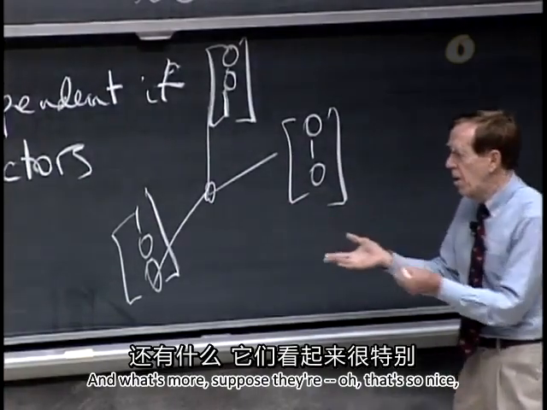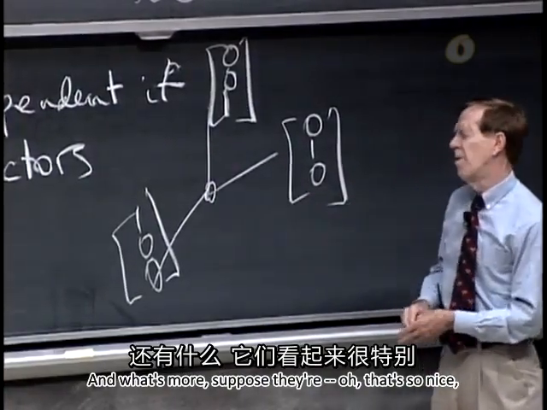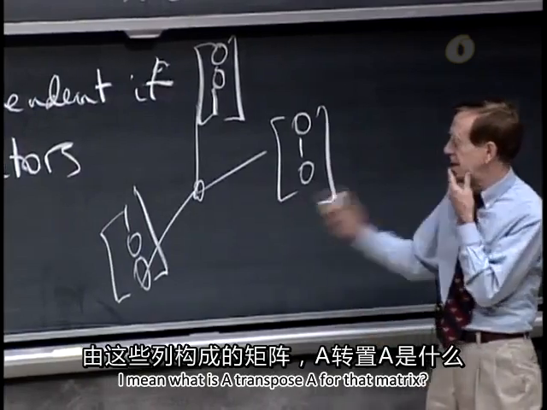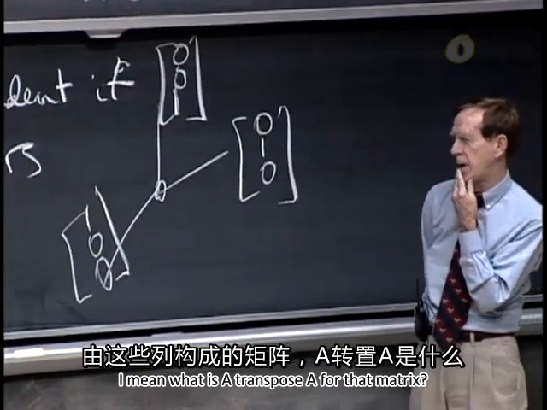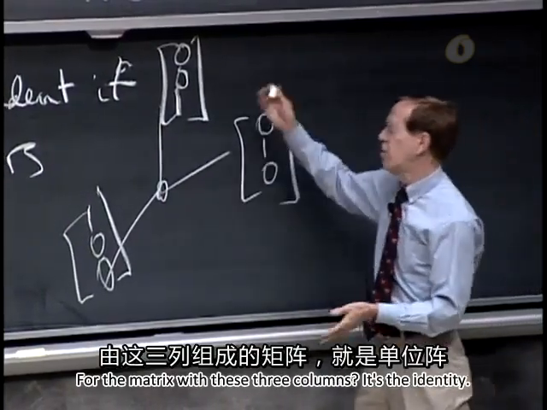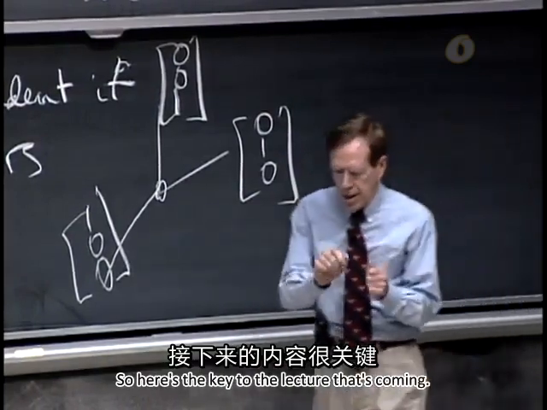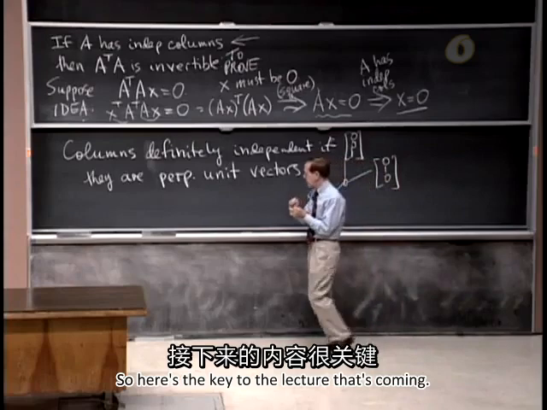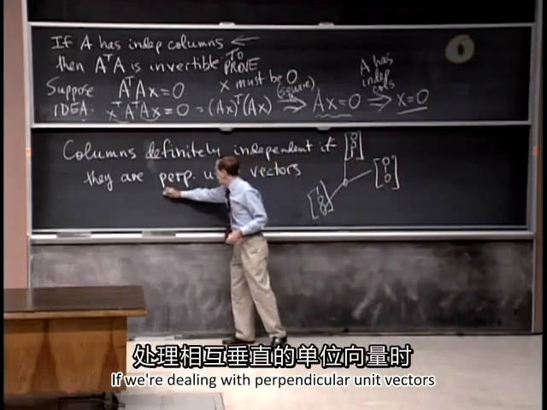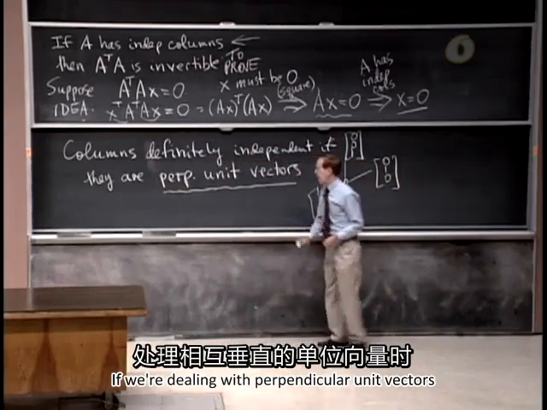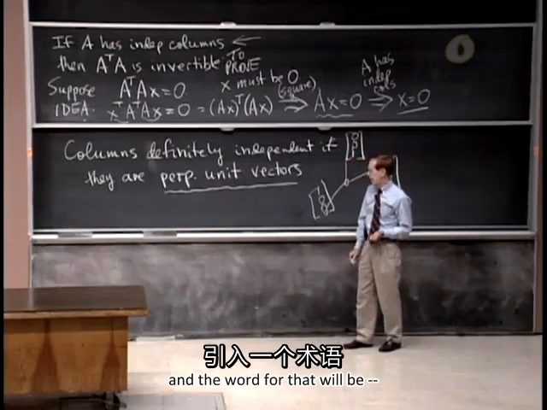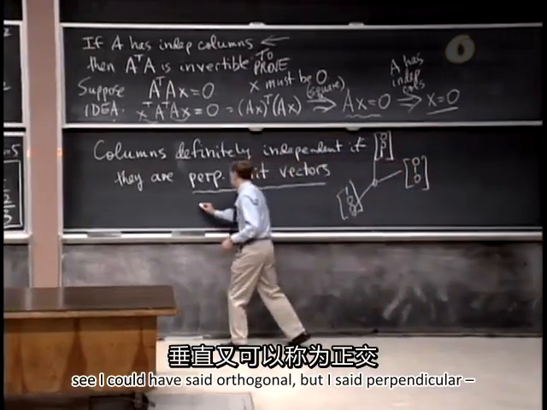And what's more, oh, that's so nice. What is A transpose A for that matrix, the matrix with these 3 columns? It's the identity. So here's the key to the lecture that's coming. If we are dealing with perpendicular unit vectors, the word for that will be ortho.